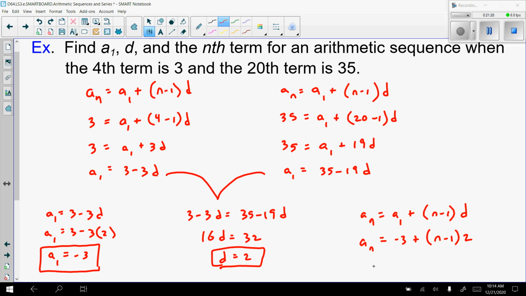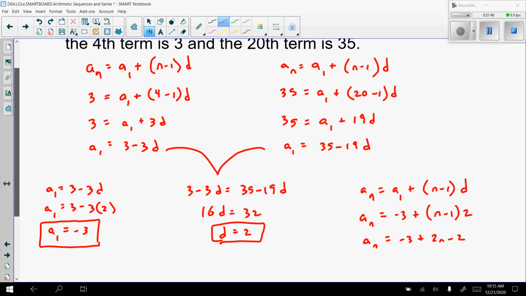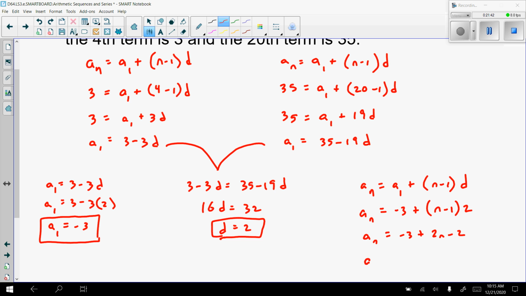And now let me simplify everything. And that will give me a sub n equals negative 3 plus, distributing, 2n minus 2. And a sub n equals 2n minus 5.